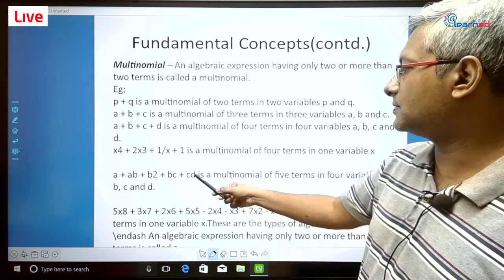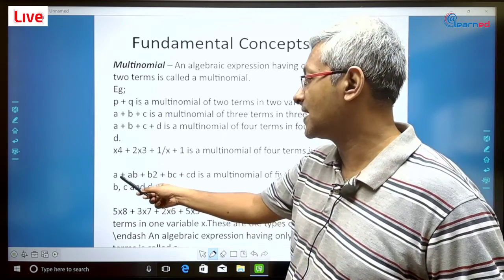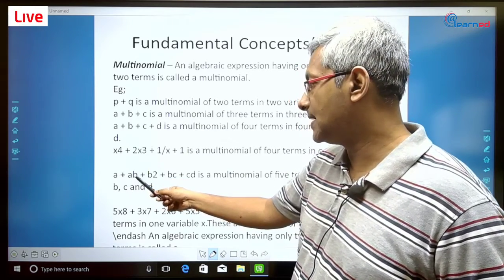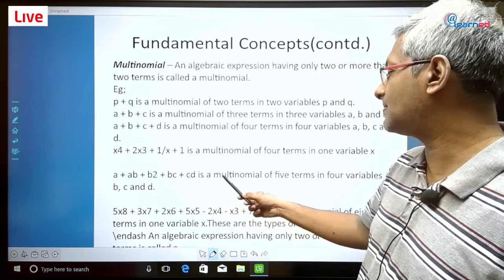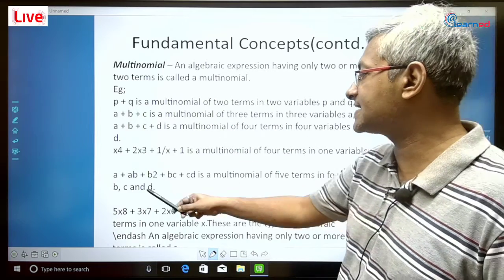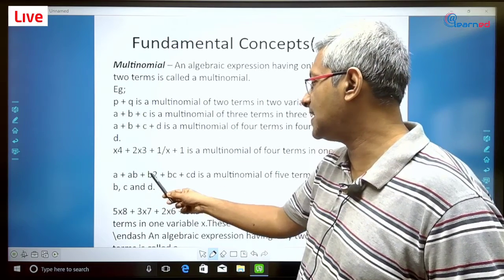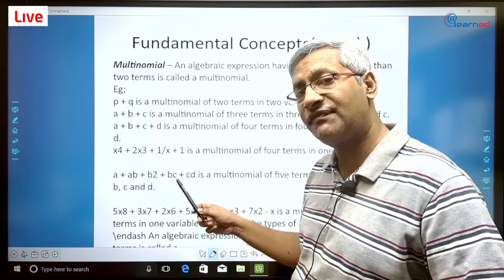Here, for example, we have a multinomial of 5 terms: a plus ab plus b squared plus bc plus cd. This is a multinomial of 5 terms in 4 variables, a, b, c and d.